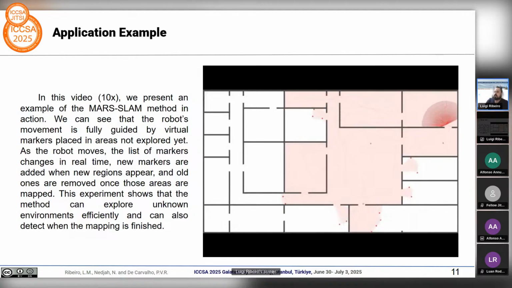New marks are added when new regions appear, and older ones are removed once those areas are mapped. This experiment shows that the method can explore unknown environments efficiently and can also detect when the mapping is finished.